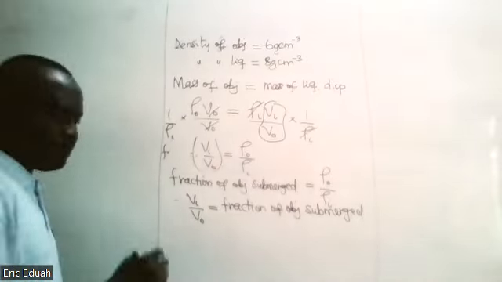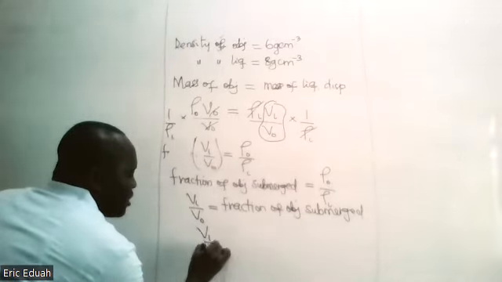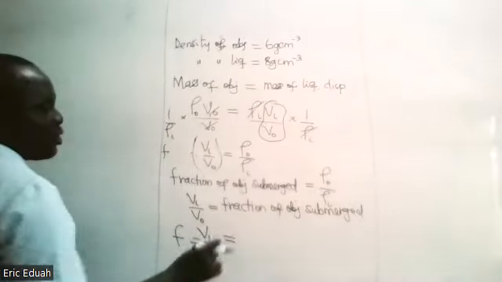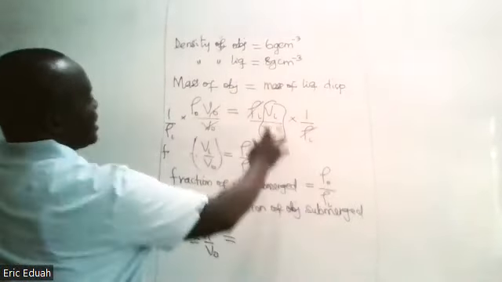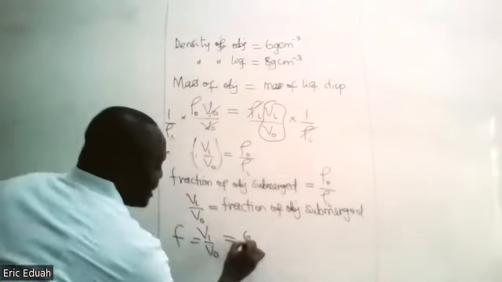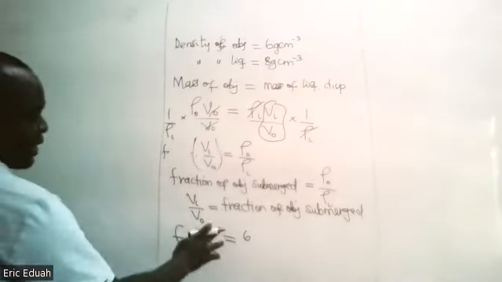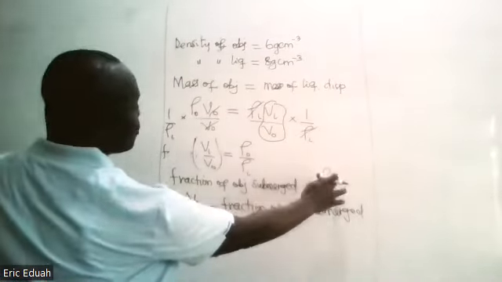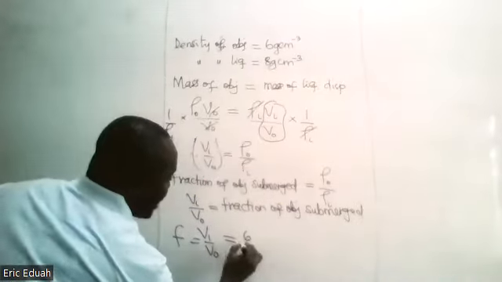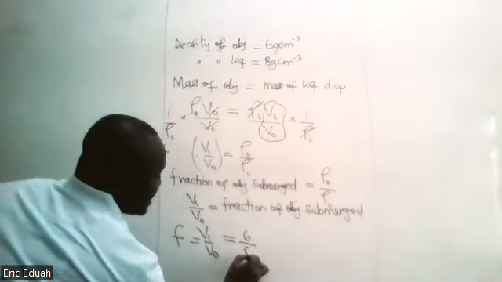So VL over VO is rho O over rho L. The density of the object is 6 divided by the density of the liquid, which is 8.